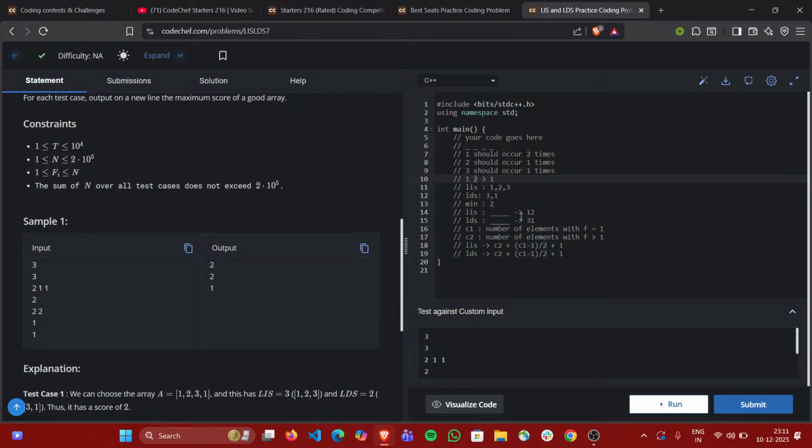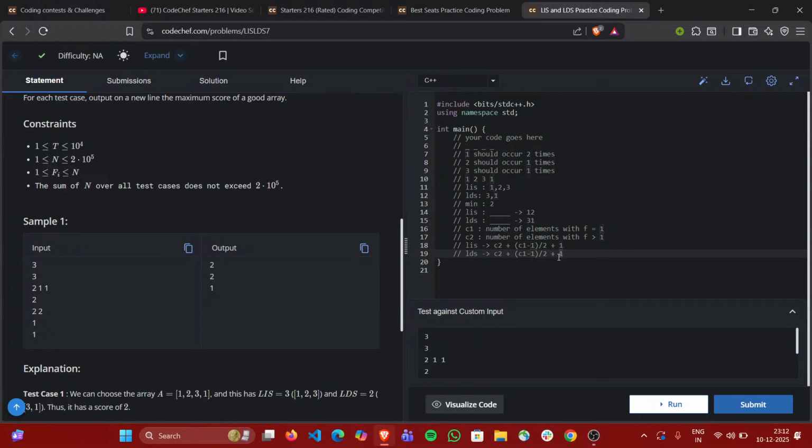So in that case, I am left with C1 minus 1 elements, and now they can either go to LIS or they can go to LDS since they are occurring only one time. So divided by 2 and plus one element, because one element will be in both of them since it is the junction point of these two, right?